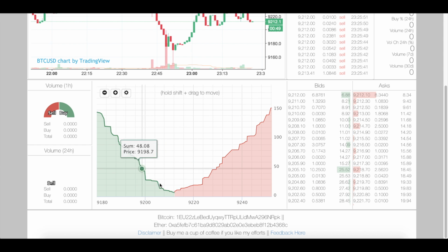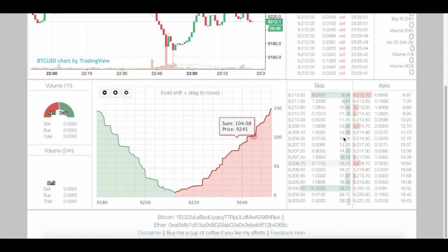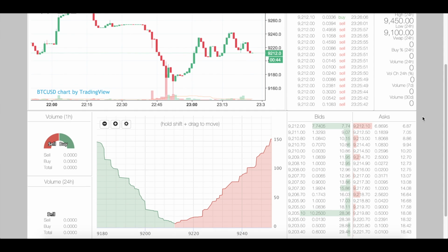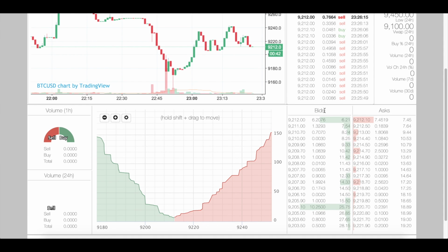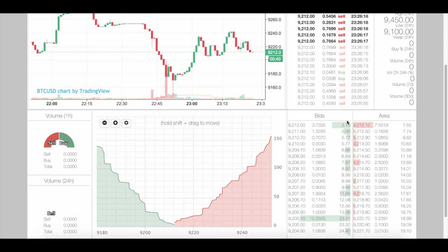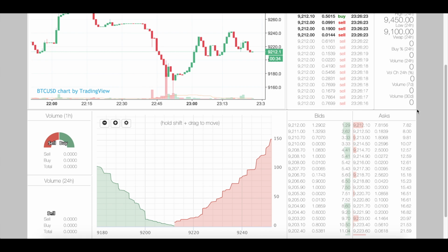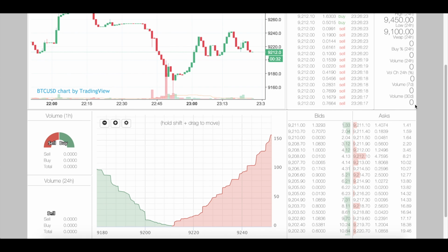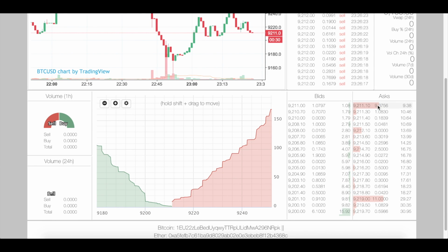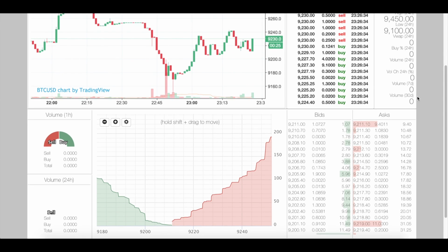This is also known as the depth chart, which is just a visual representation of the order book here. It looks like order book wise, we look to be at about equilibrium. Maybe we're going more towards a supply run to the downside, but it seems like a slight equilibrium at 92.11. But we'll see if the offers begin piling up at the most available price.